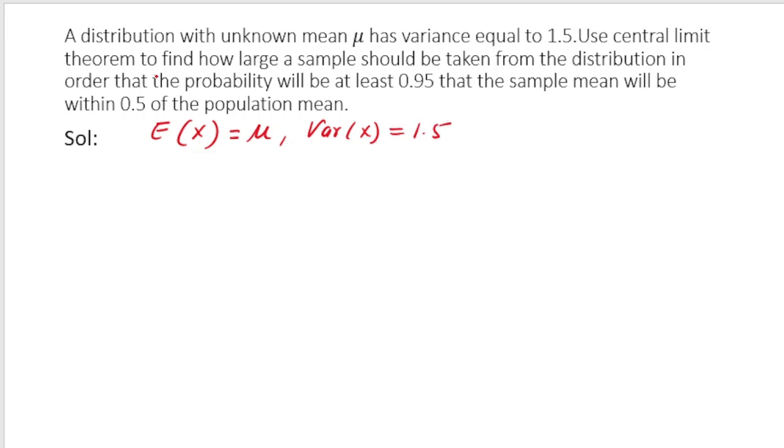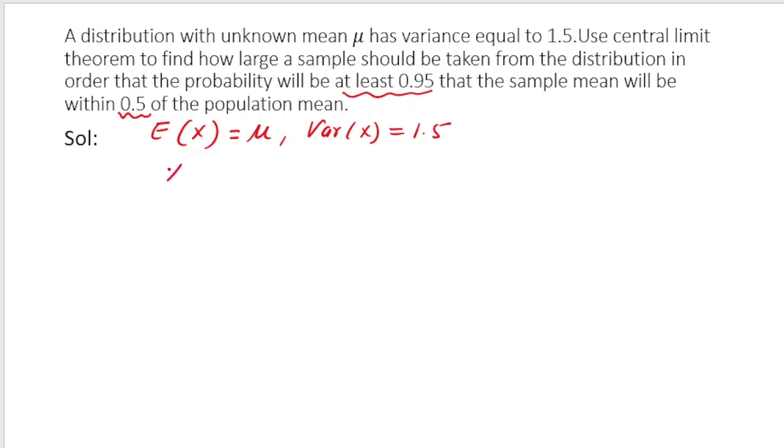Use the central limit theorem to find how large a sample should be taken from the distribution in order that the probability will be at least 0.95 that the sample mean will be within 0.5 of the population mean.